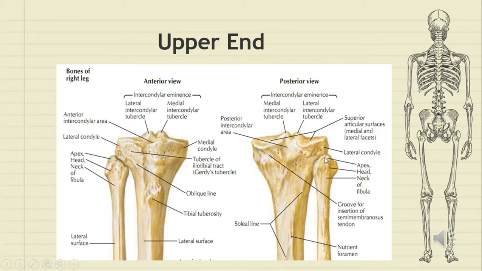Superiorly, the head has the articular facet for the attachment with the lateral tibial condyle to form superior tibiofibular joint. And the margin of the facet gives attachment to the capsule of tibiofibular joint.